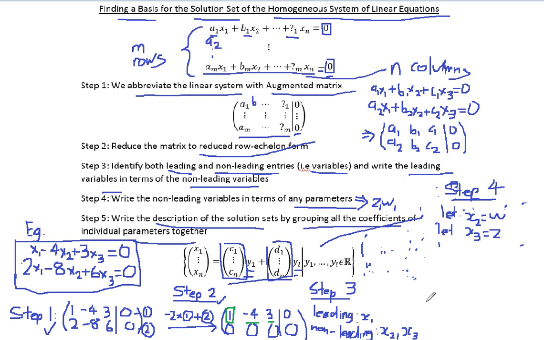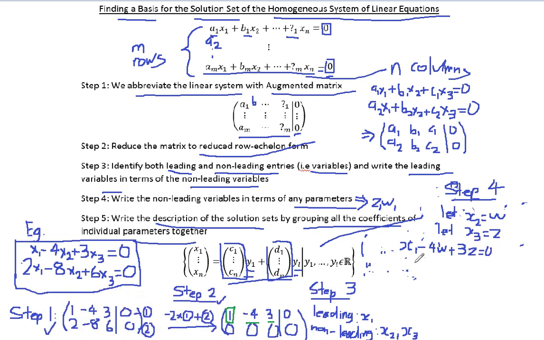So now let's express x1 in terms of these two. So x1 minus 4 x2, so it's minus 4w, plus 3x3, so it's plus 3z, equals to 0.